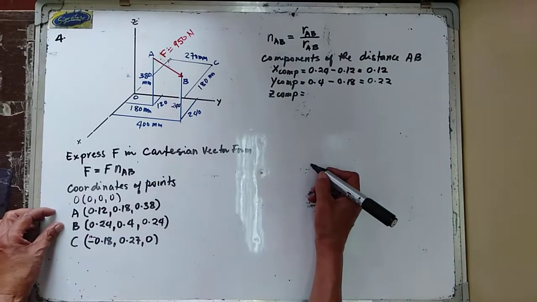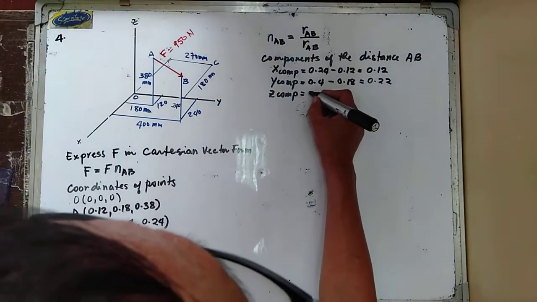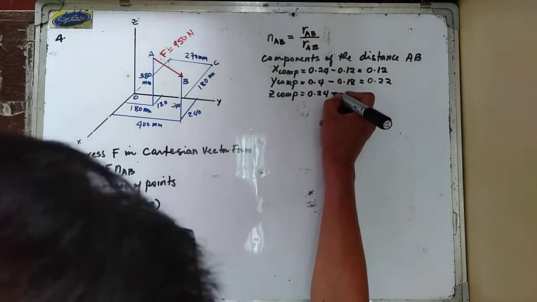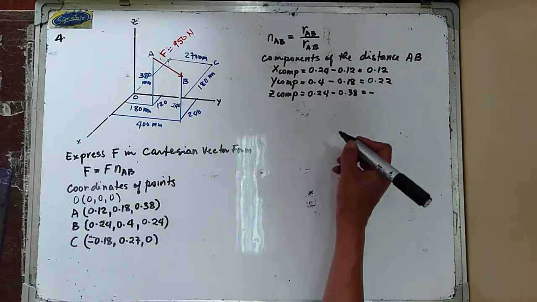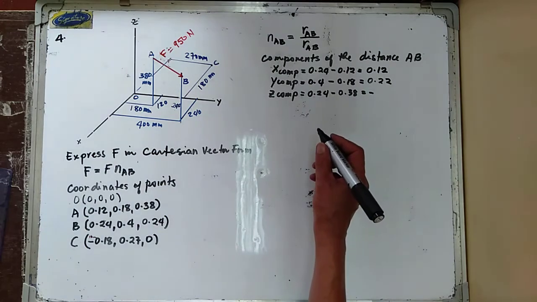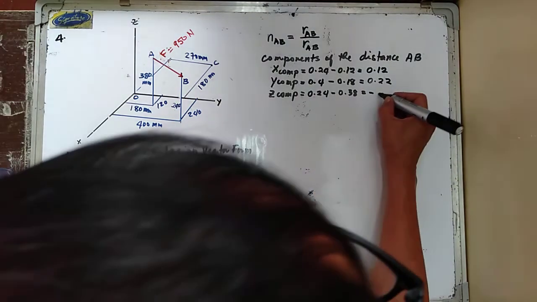And then 0.24 minus 0.38 is negative 0.14.